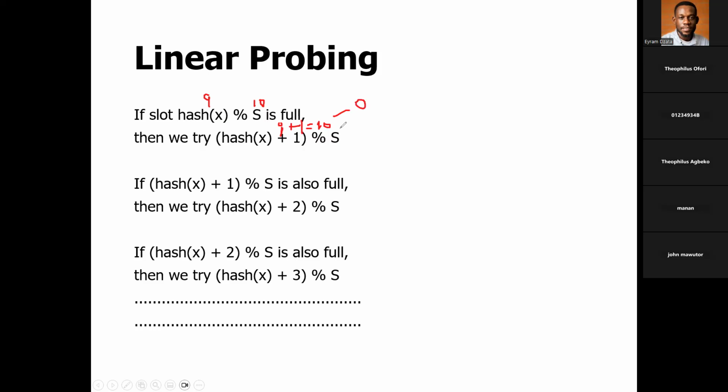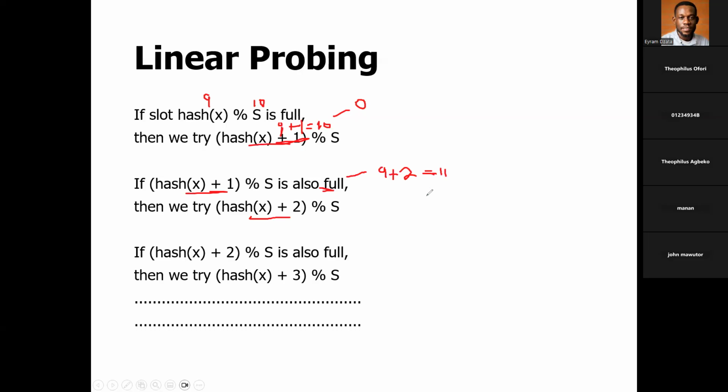Now, if hash x plus 1 is also full, then we do hash x plus 2. That means that instead of adding 1 to the 9, we now add 2 to it to give us 11.